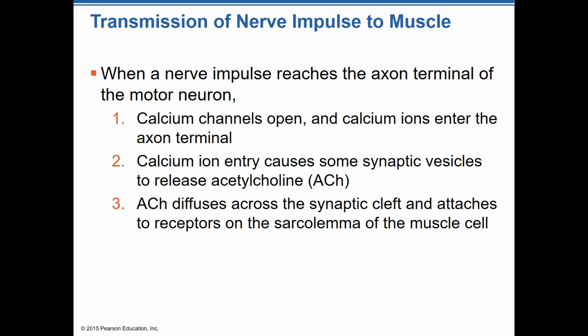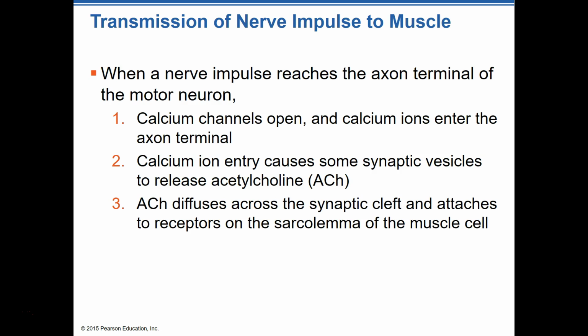When that nerve impulse comes down and it reaches the very end plate, or the axon terminal of that motor neuron, there are some channels in the end that are going to open up. The stimulation of the membrane on the outside of that nerve is going to cause these calcium channels to open, and calcium is going to enter the end plate of that neuron, of that nerve cell.